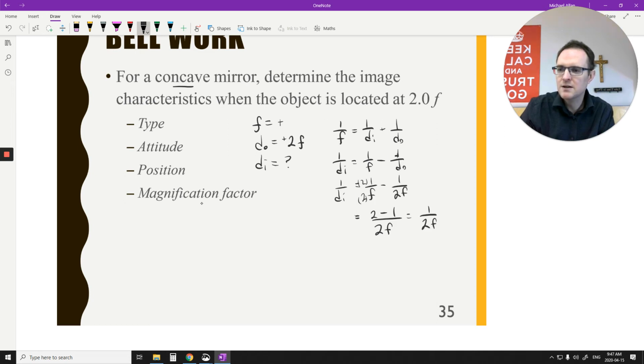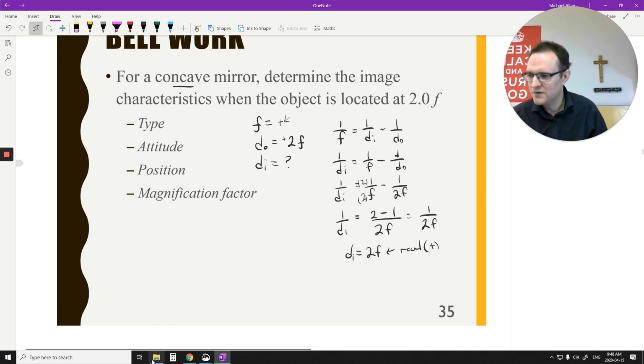We got 2f on the bottom. 1 over di is equal to 1 over, okay, so di is equal to 2f. Oh, it ended up being positive, so this is a real image because it's a positive number. Because it's positive because f is positive. If f is positive, 2 times f is going to be a positive number, which is good. It ends up being the exact same position as the do, which makes sense because we did this before.